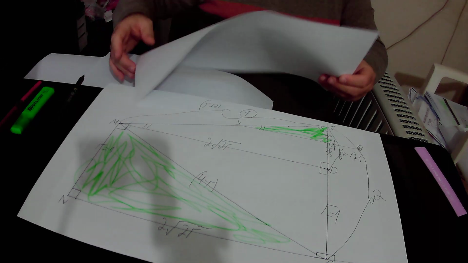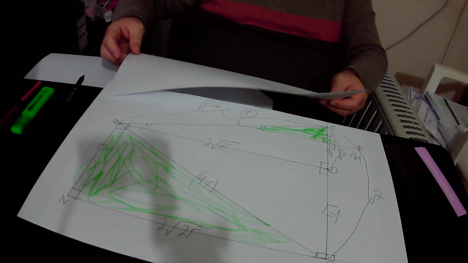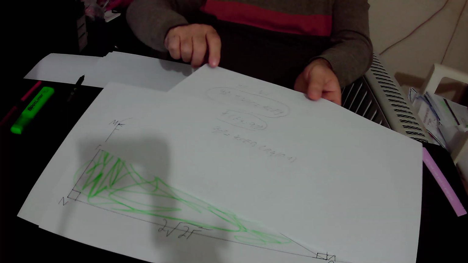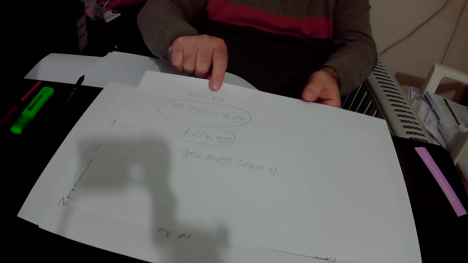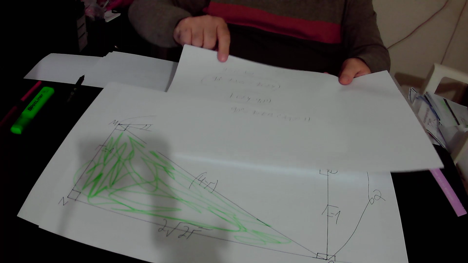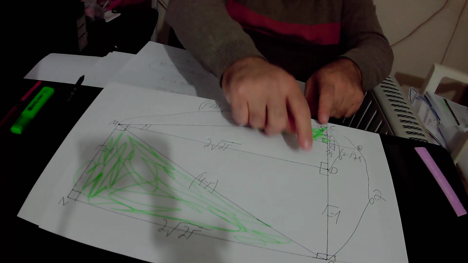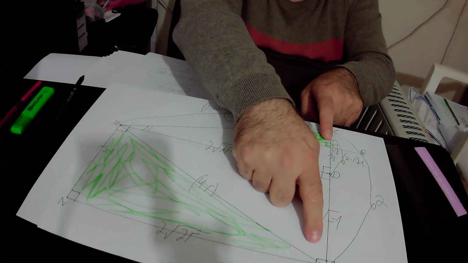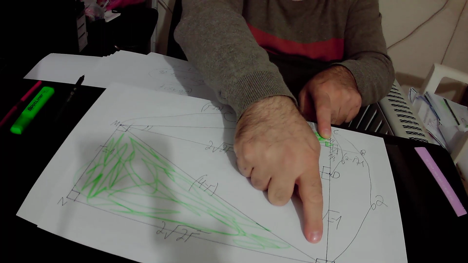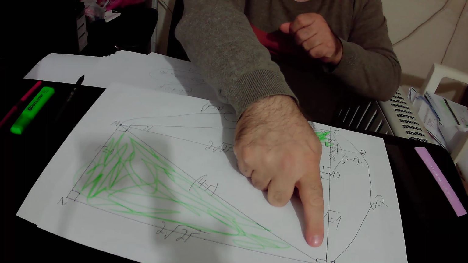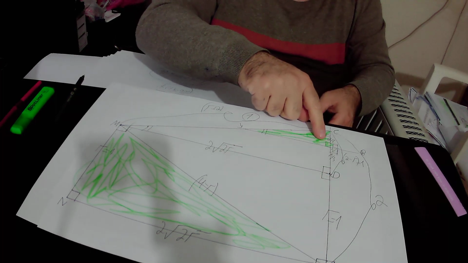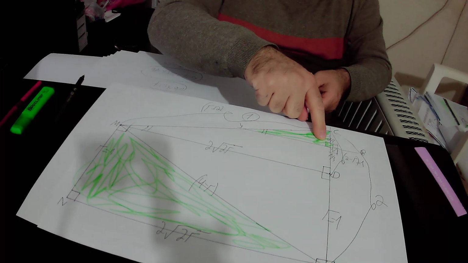I will repeat again, YE is parallel to NO, and according to rule number 1, those two corresponding angles will be equal to each other.